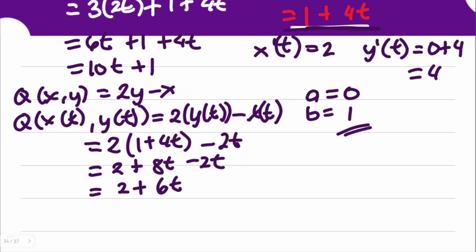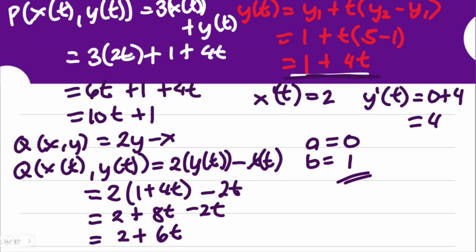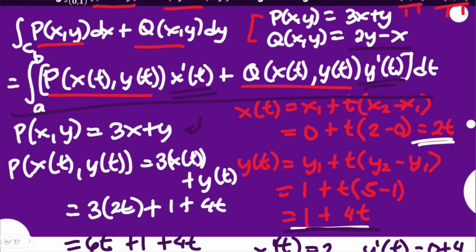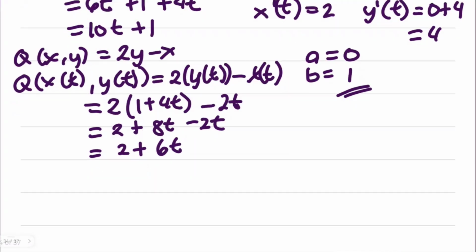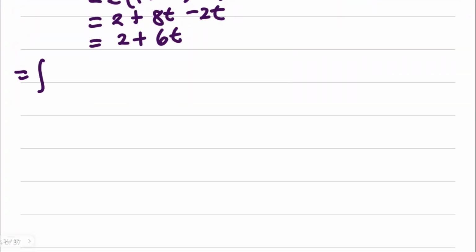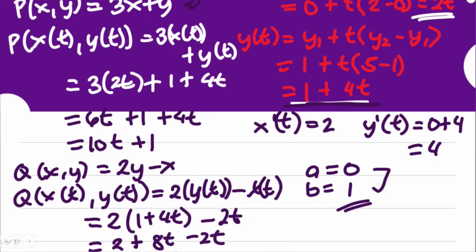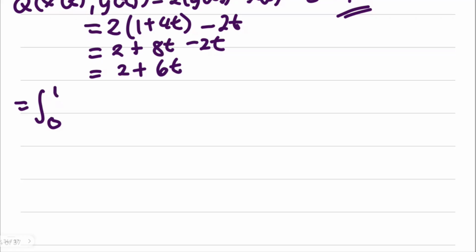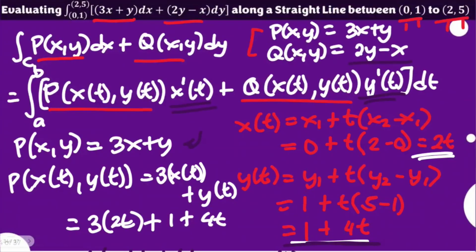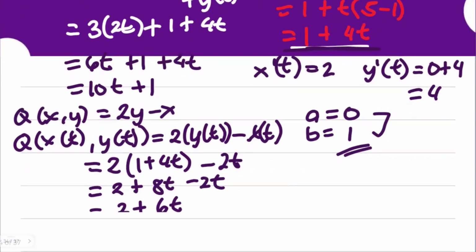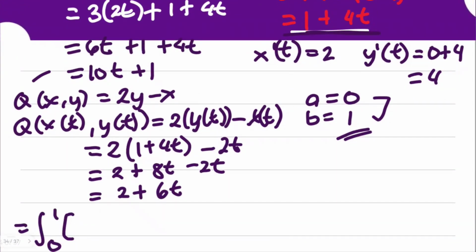Okay, now, we have all of this. The next thing is to finalize our integral form and hopefully simplify them later on. So this is actually equivalent to the integral from a to b, identified here as 0 to 1, of your P of x of t and y of t times the derivative of your x of t.